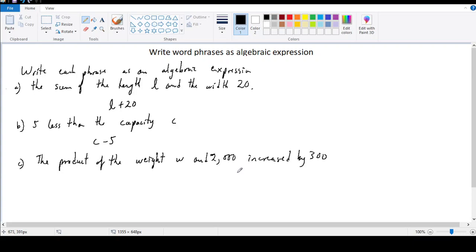So how will this translate? The product means multiply. The keyword increased by means addition. So the product of the width W and 2000 will simply be 2000W. Increased by 300 means addition of 300, and that's how that works out too. Okay, so that's how we write an algebraic expression given a word phrase for it.